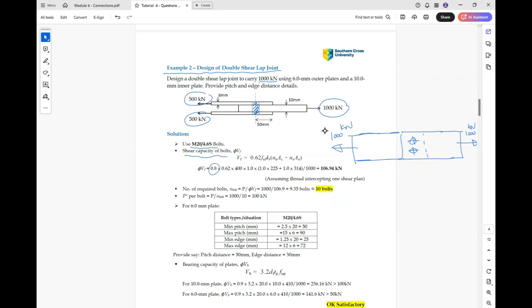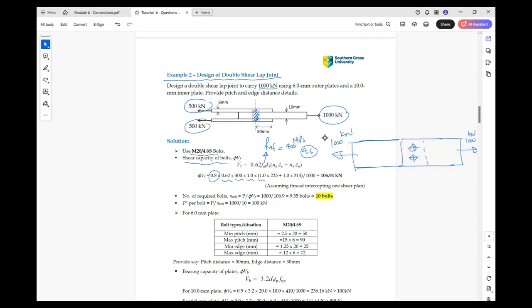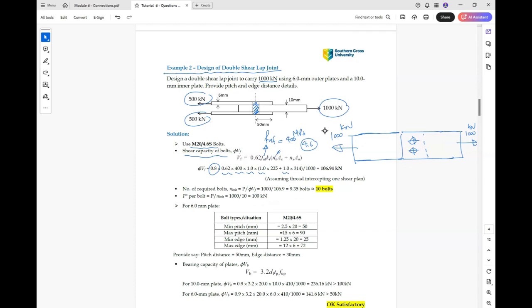Phi is 0.8, this factor is 0.62, fuf is 400 MPa for this type of bolt, 4.6. kr is taken as 1. nn is how many shear planes in the threads and nx is how many in the shank itself. So assume this as 1 and this as 1. Ac and Ao are taken from the table.